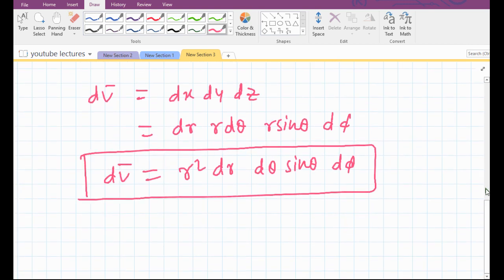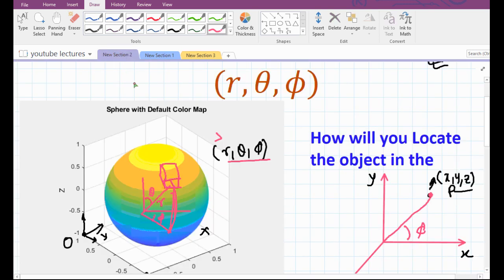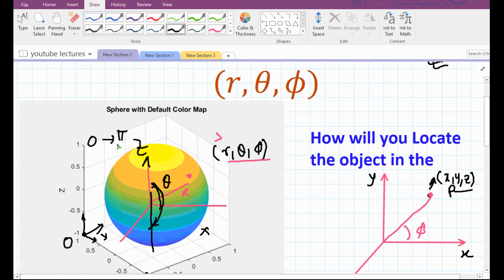One more question: you have chosen r, and I know r goes from the center to the surface. But what happens to the angle theta? Angle theta only goes from this to this one. Your z axis is this one, so this longitudinal angle can go from 0 to pi.